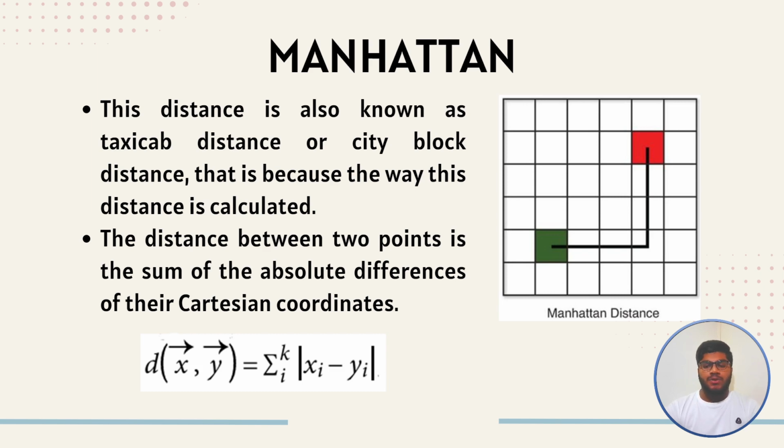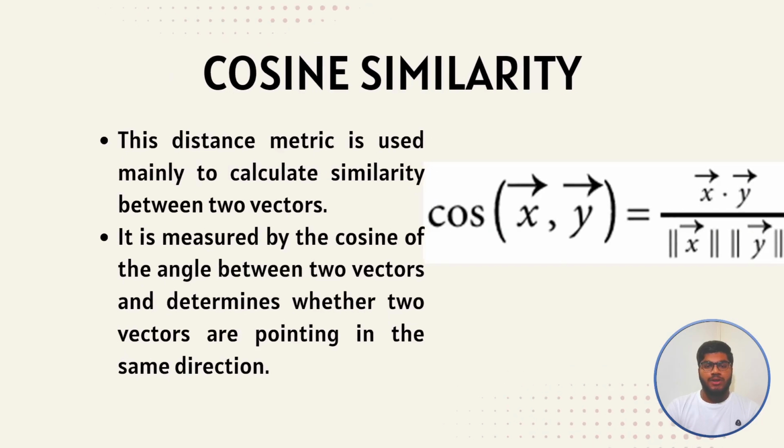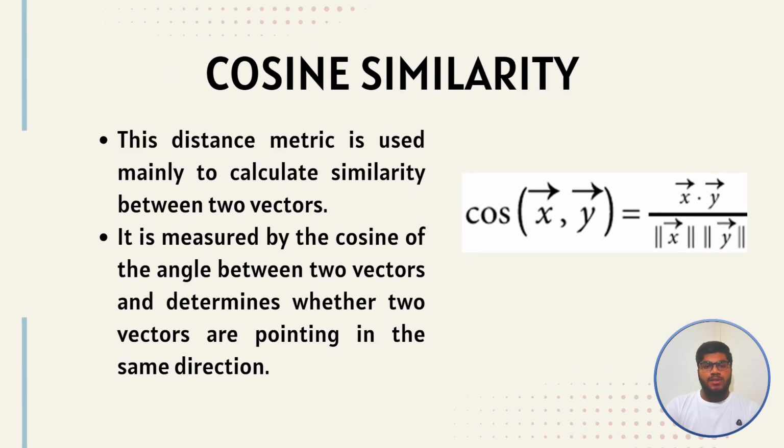Now let us discuss about the third method used in the KNN, that is the cosine similarity. This distance metric is used mainly to calculate the similarity between the two vectors, and it is measured by the cosine of the angle between two vectors and determines whether the two vectors are pointing in the same direction.